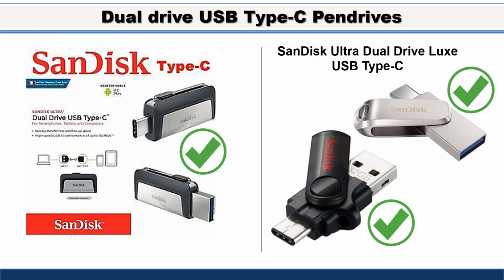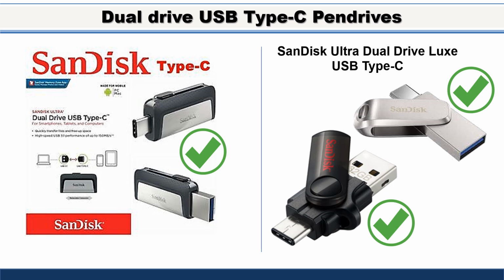Because choosing the right type of pen drive is very important, I'm actually showing you a few varieties of the dual USB Type-C pen drives. This is one in which on one side you can slide it and the C type will come out, and if you slide to the other side, your USB type interface will come out.